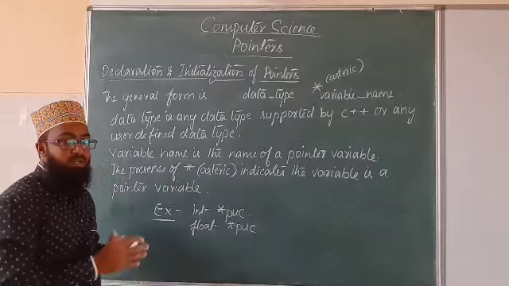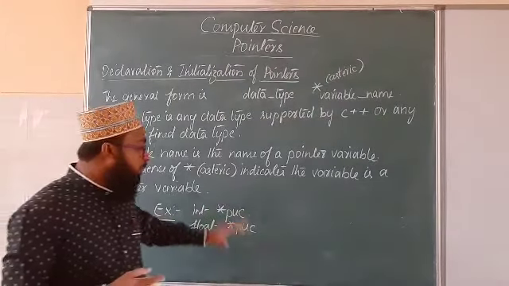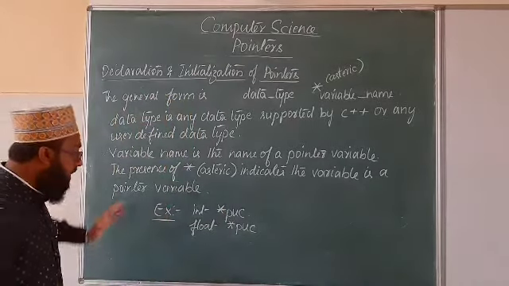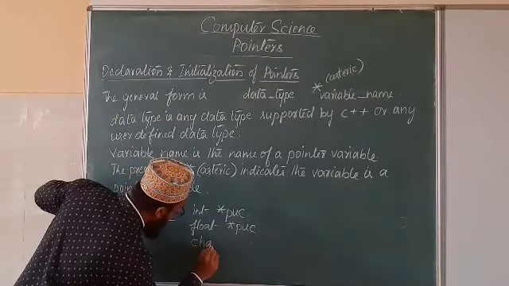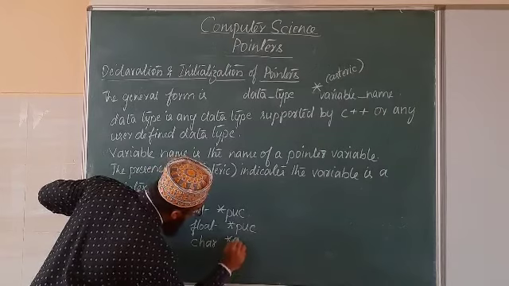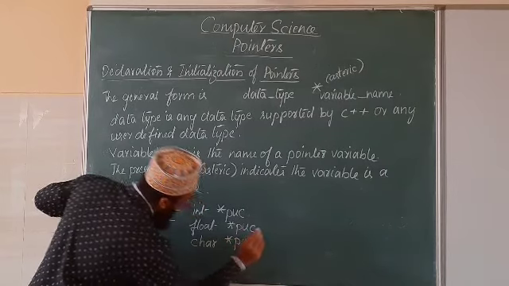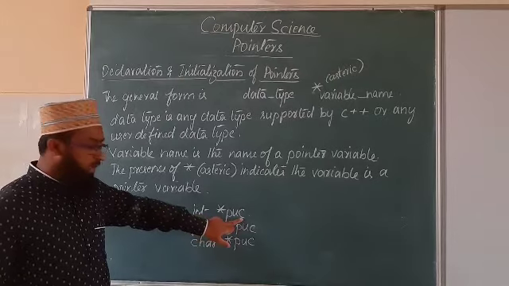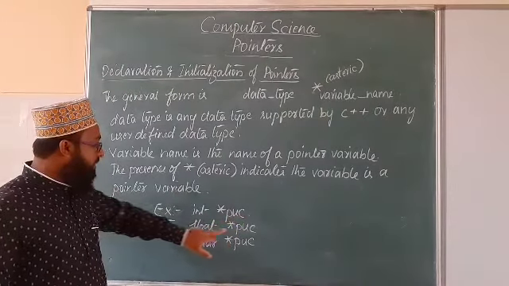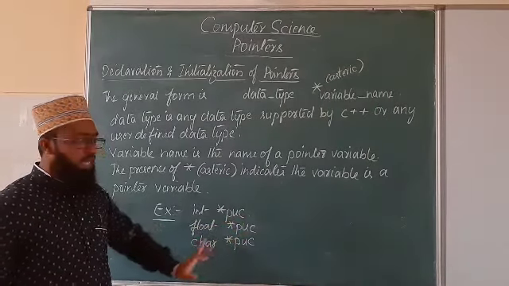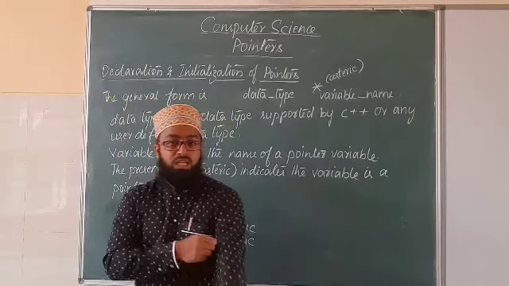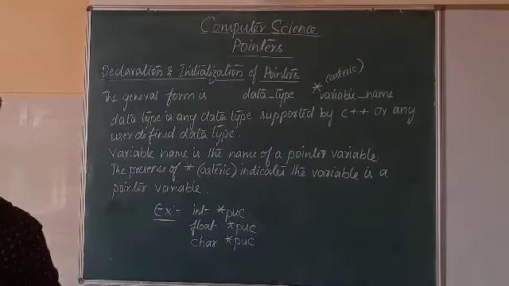Then in this chapter we are going to learn how these pointers are used inside the program. Or char asterisk PUC. Say data type, then pointer variable; data type float, pointer variable; data type char, pointer variable name. Like this we can declare the pointer variable.